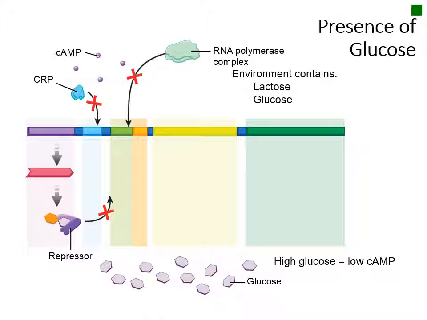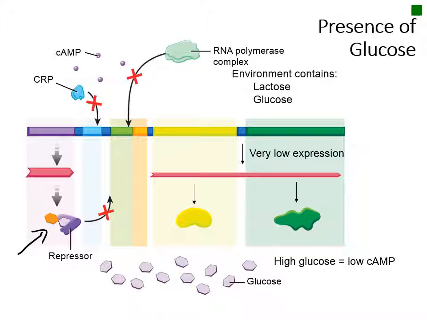In this example, the environment does contain lactose, which means allolactose has bound to the LAC-I repressor protein and caused it to not bind to the DNA. In this scenario, there would be very low levels of transcription. We have removed the repression, but because RNA polymerase is not recruited, only rarely will it find the promoter region and complete transcription.